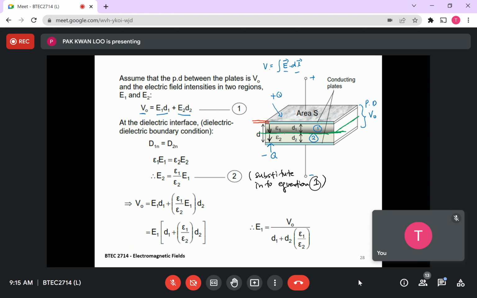Okay. So the dielectric conductor interface is referring to this plate and the dielectric of epsilon 1.